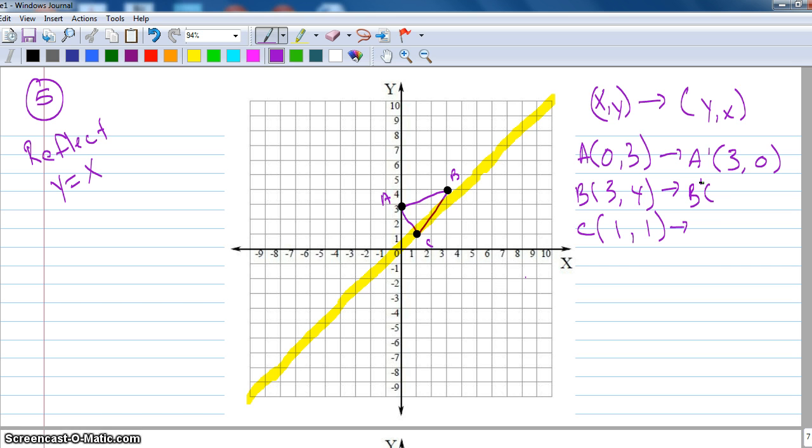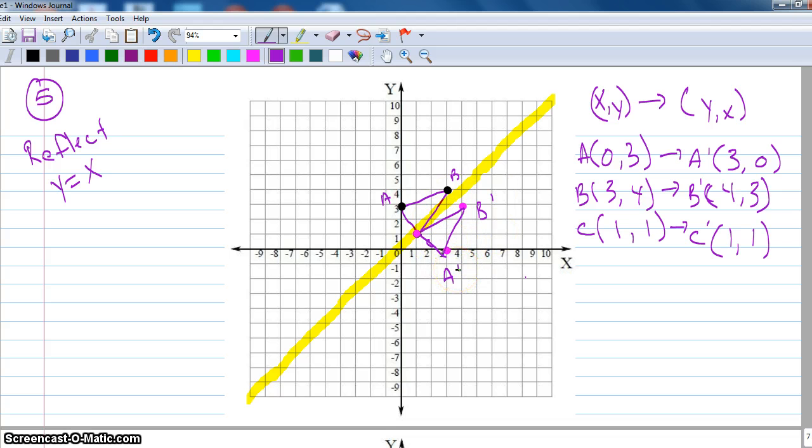B prime, put the y first, which is 4, and then the 3. C prime, you put the y first, which is 1, and then the 1, same thing. So let's graph these 3 points and see what it looks like. So this is what it looks like. You notice C is the same as C prime. So this was my original, and here's my reflected image across y equals x.